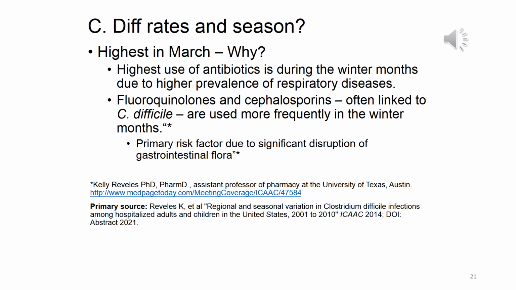And they started to realize that this was due to the winter months and the higher use of antibiotics, and that these antibiotics were being linked to C. diff because they were disrupting the gastrointestinal flora. So they were able to then look and make some combinations. So this particular one, there's a link here because there's an assistant professor of pharmacy at the University of Texas who provided some of this information presented on it.